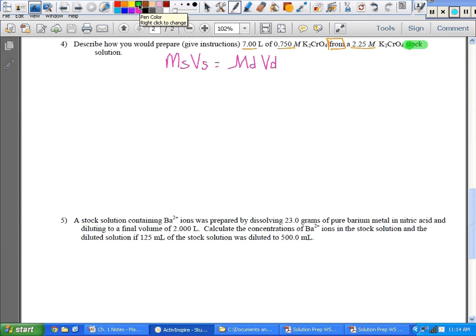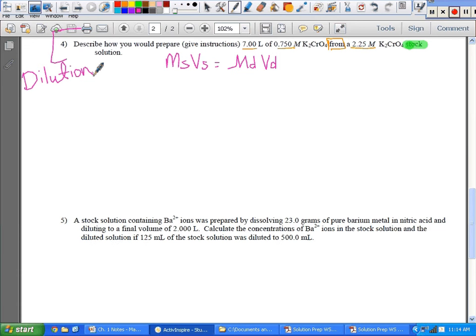However, what if that word had not been there, and you did recognize what type of problem this is, first of all? It is a dilution problem. Very good. Number 4 is a dilution. How do you know it is a dilution problem? Very good. So you're starting with a higher concentration, and it is being reduced. Okay, it is being reduced. And so this is a dilution problem.